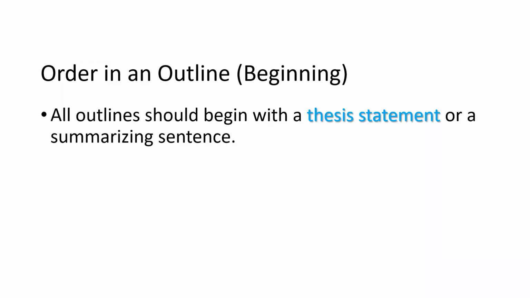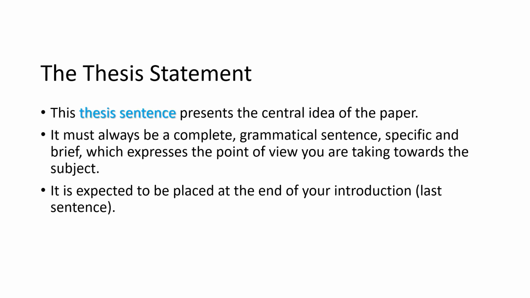How to write an outline? To write an outline, you must first begin with a thesis statement or a summarizing sentence. A thesis statement is the same as a summarizing sentence. The thesis statement or the thesis sentence or summarizing sentence presents the central idea of the paper.